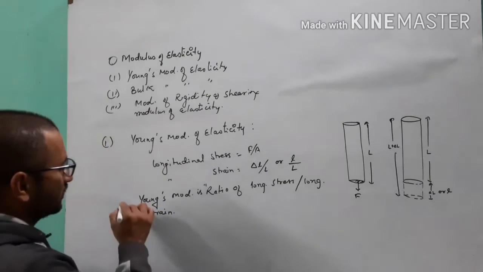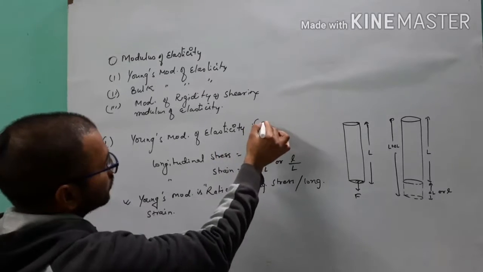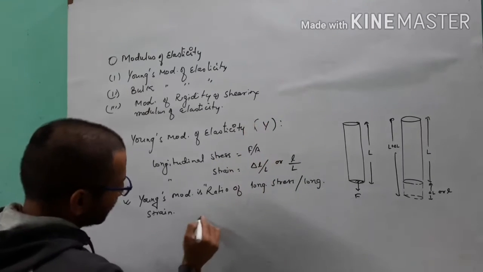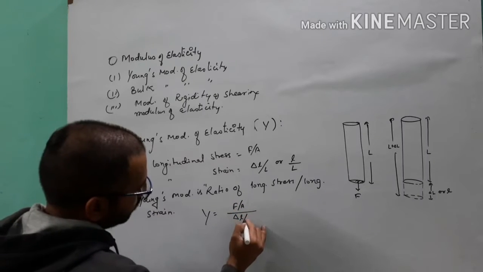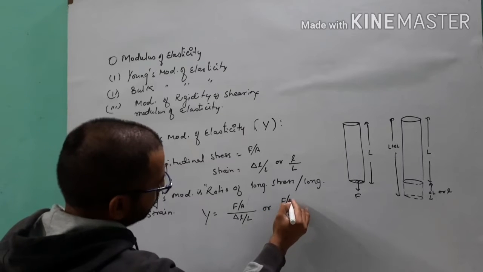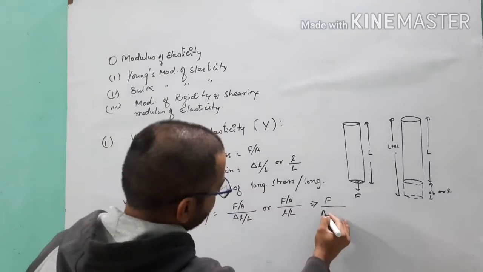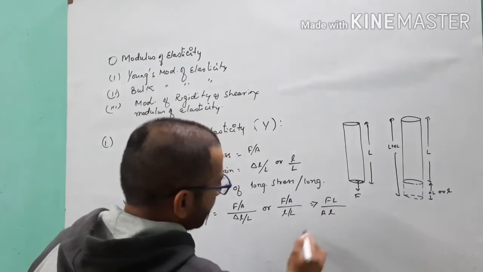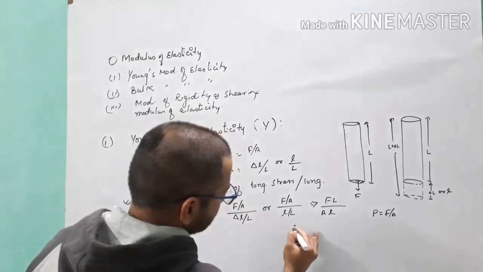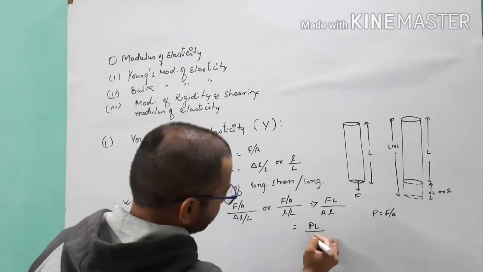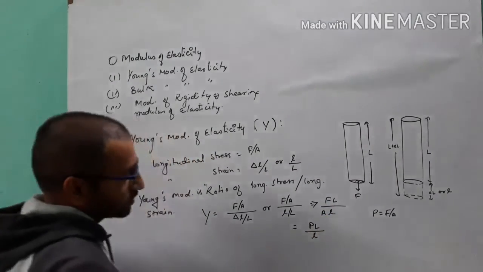This ratio is called Young's modulus, which is denoted by Y. So Y is equal to F over A upon delta L over capital L, or you can write F over A upon small l over capital L. Point clear, student? If you think about F over A, which is equal to pressure, we can write P L over small l.